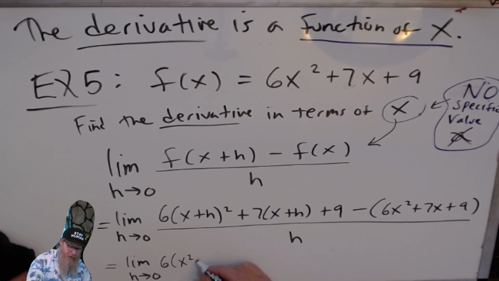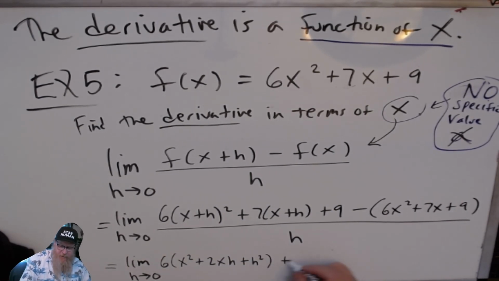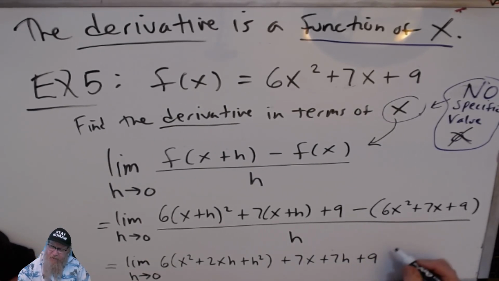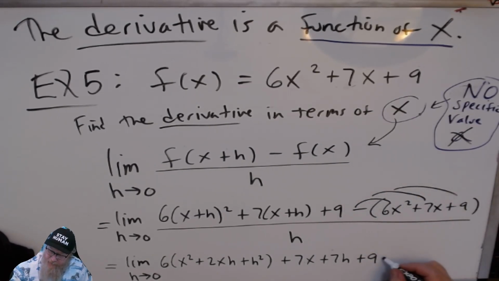Six x squared plus 2xh plus h squared plus 7x plus 7h. I feel like we've done this before. Distribute the negative.